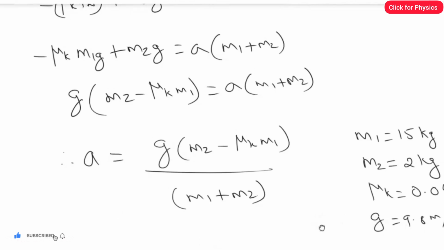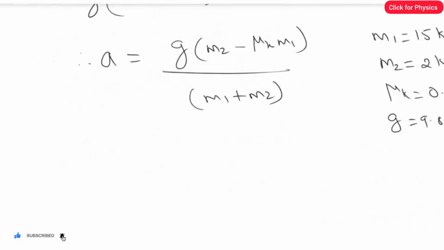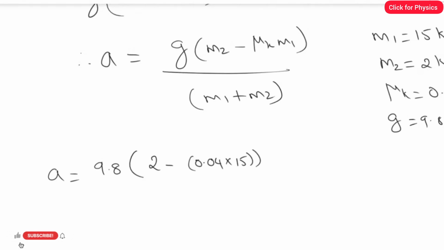Now I am going to substitute all these values in this equation, and once you substitute, you will get the answer for the first part. So a equals 9.8, and m2 is 2, minus 0.04 multiplied with m1, which is 15, divided by m1 plus m2, so 15 plus 2.